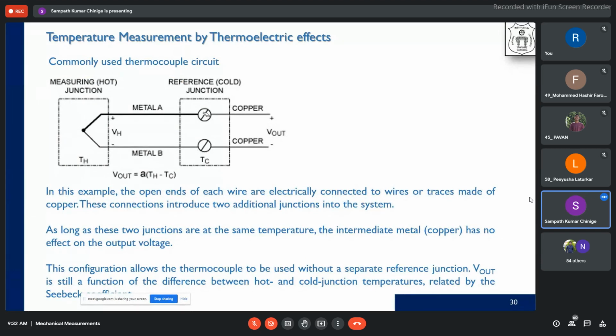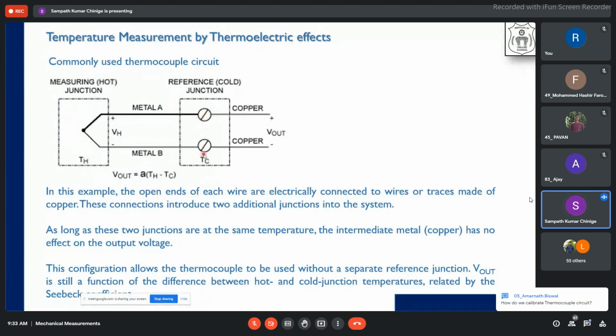If the temperatures of the terminal points are different, there will again be a different EMF being produced, and erroneous results will follow.